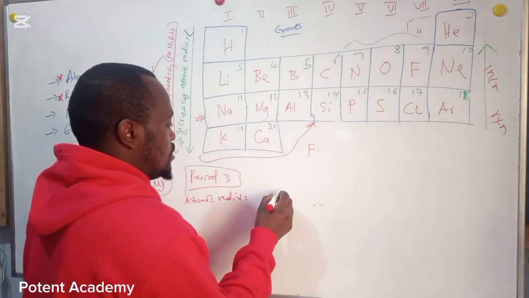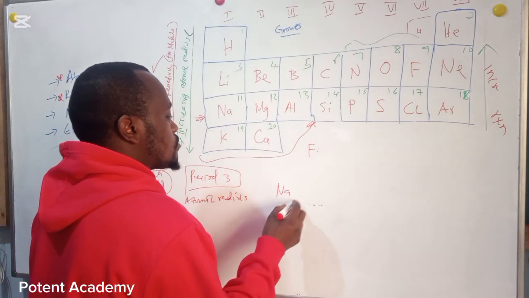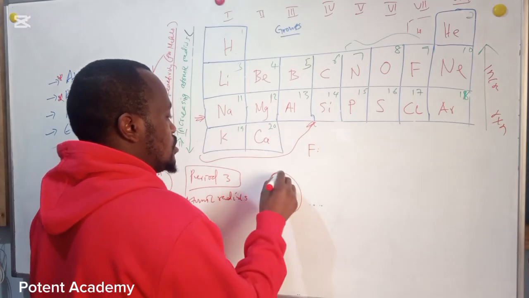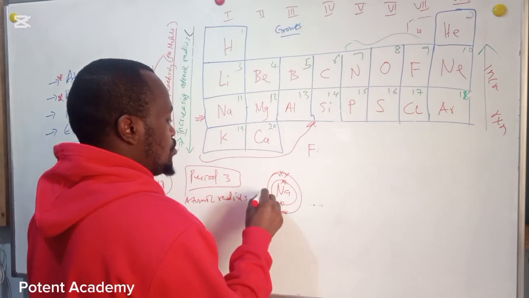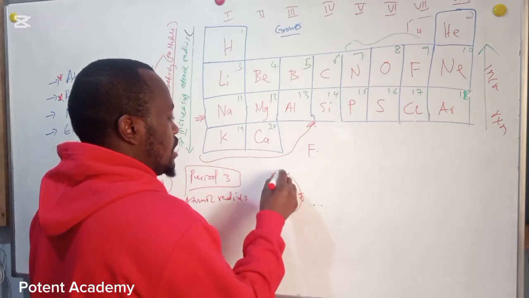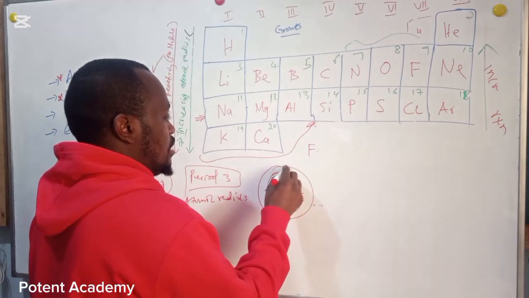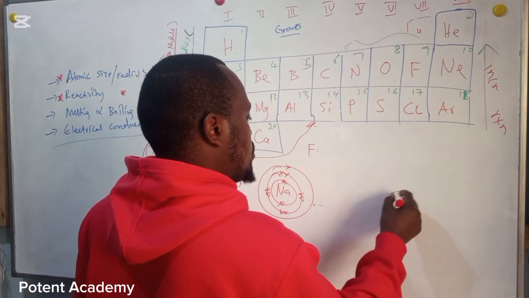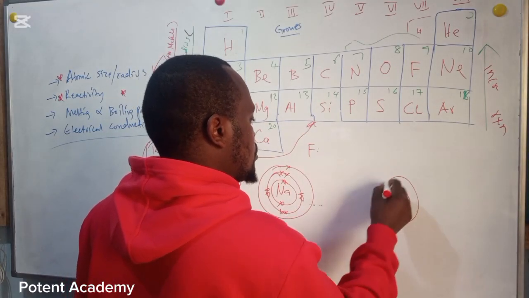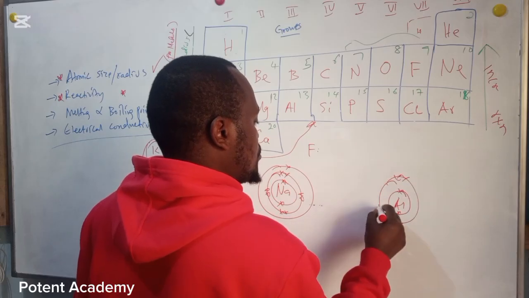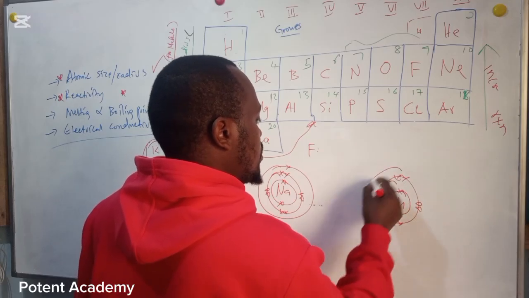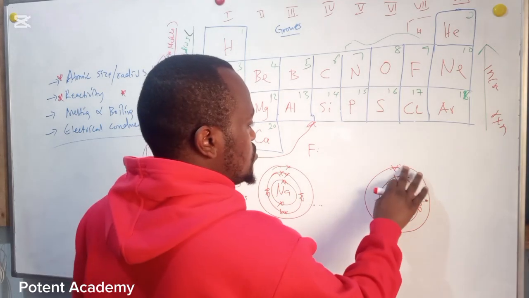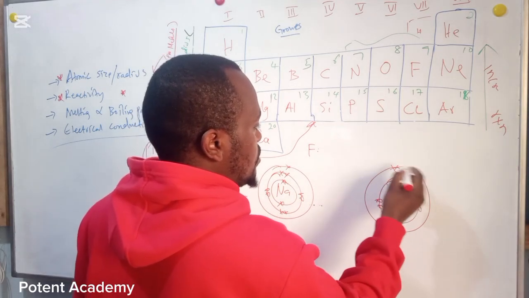So for sodium, you have 1, 2, I'm not drawing this to scale, and then you have 1. So then you can compare with aluminium. Aluminium, which will have 1, 2, and here you have 3.